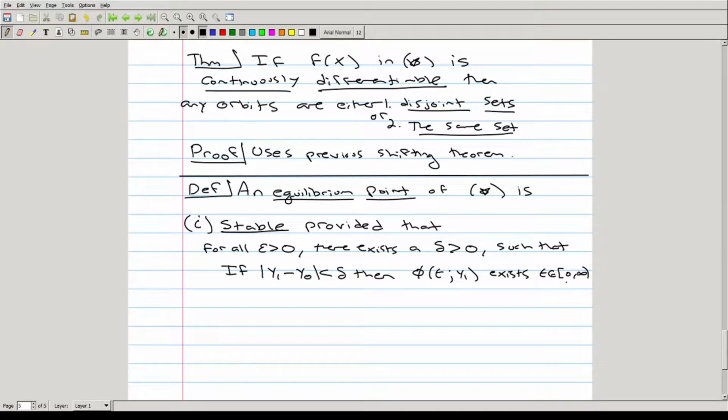And if your initial condition doesn't start at 0, you can rewrite it so that it does start at 0. But the main condition here is that the solution has to exist.